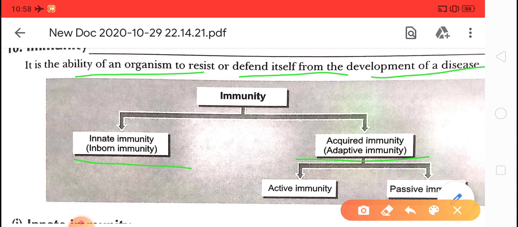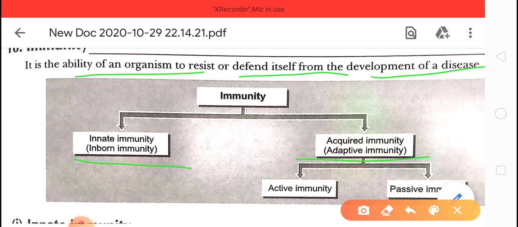They also provide immunity. How? Because they can kill the germs. That's why they provide immunity, and this immunity is called innate immunity.